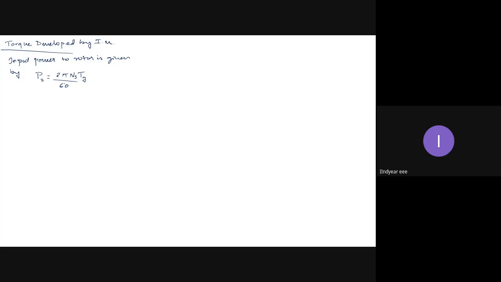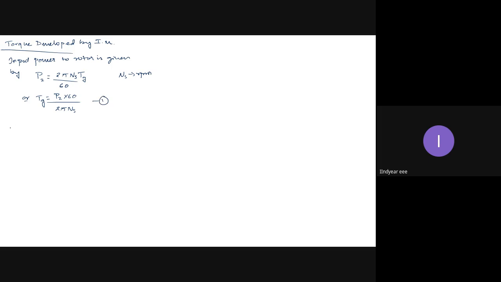Therefore, I can write Tg is equal to P2 into 60 divided by 2 pi ns, where ns is in RPM. Some books have followed 2 pi ns into Tg, taking ns in RPS. Take this as equation 1.